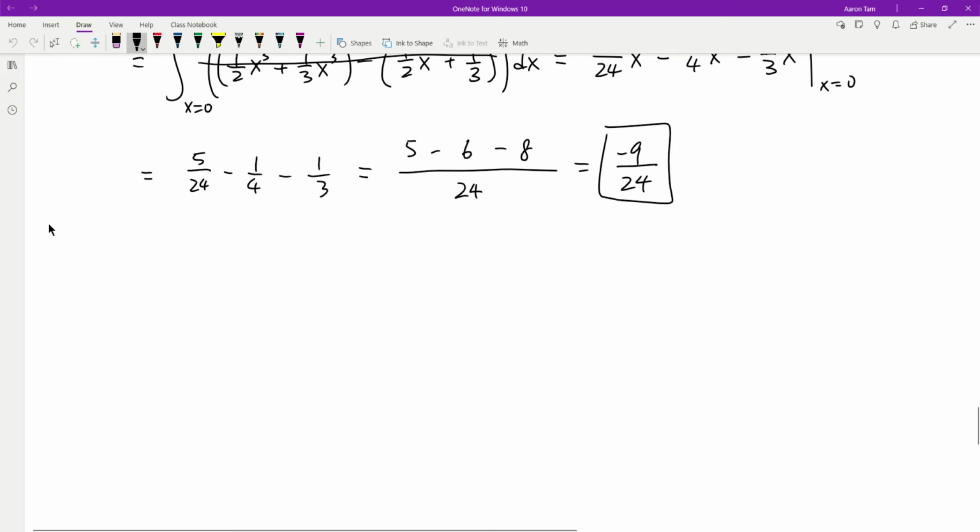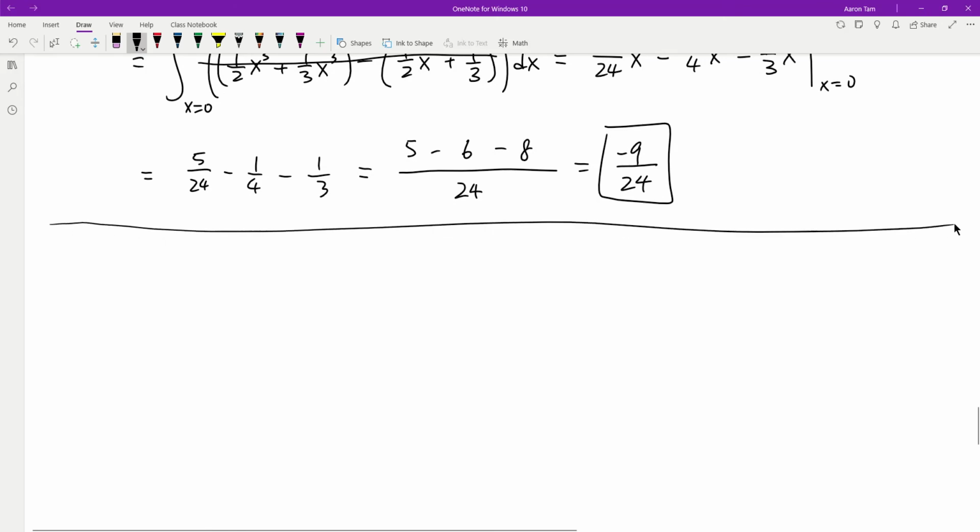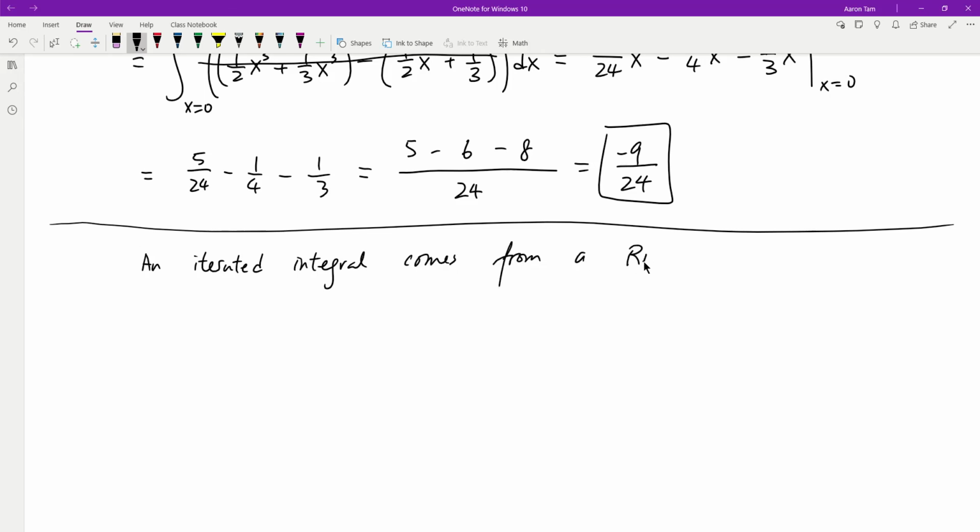What I want to talk to you about today is understanding the structure of an iterated integral and the connection between a Riemann integral and an iterated integral. An iterated integral actually came from a Riemann integral.